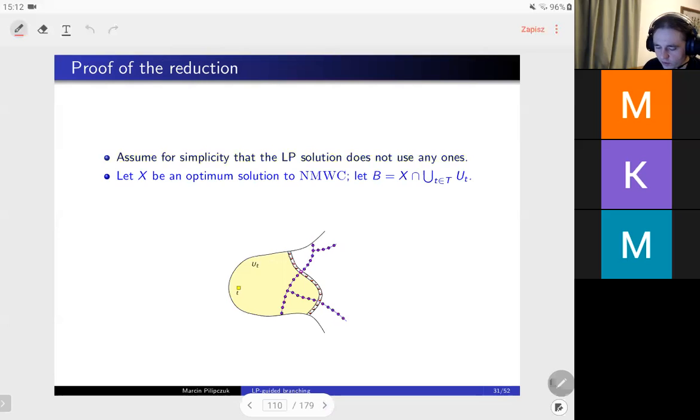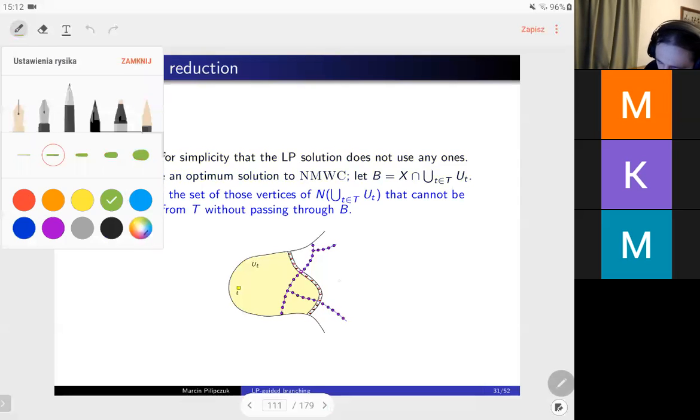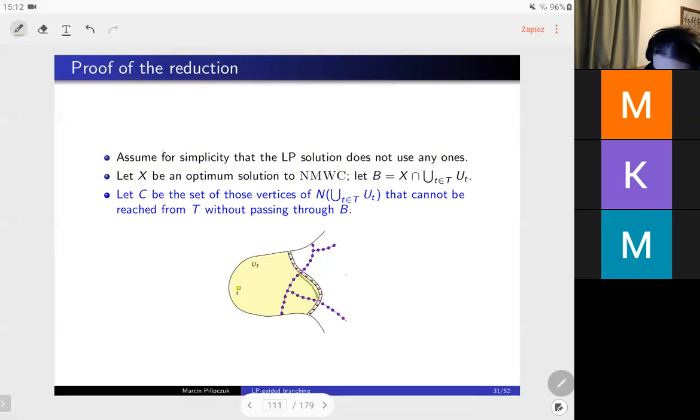Let's look at the guys that are inside this zero region. I want to get rid of them. I want to push them away from this area. I want to say, you can as well use something else instead of these guys. So in this picture, there are these guys, which are the color green, which are separated from the terminal inside the yellow region.